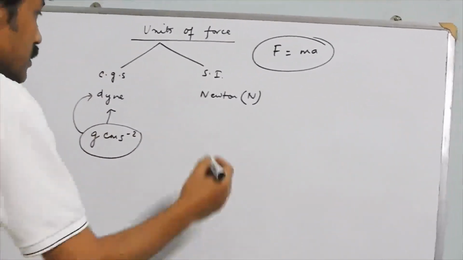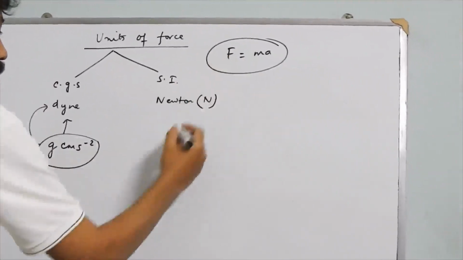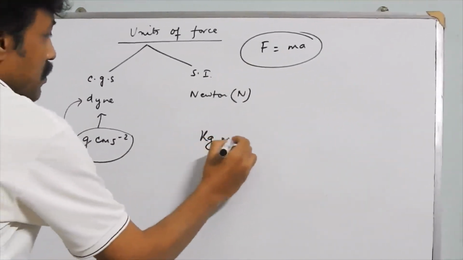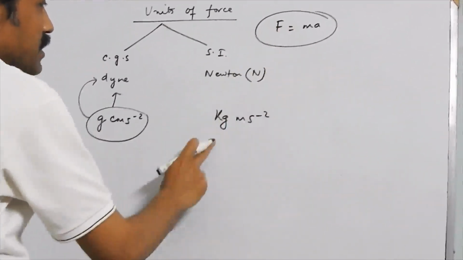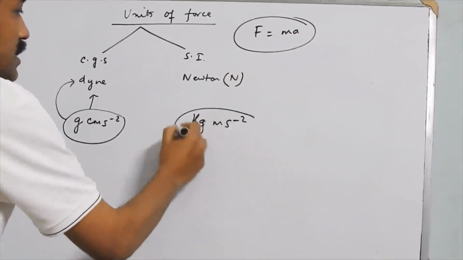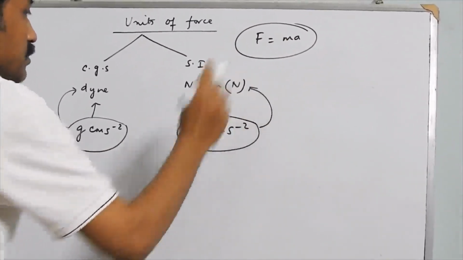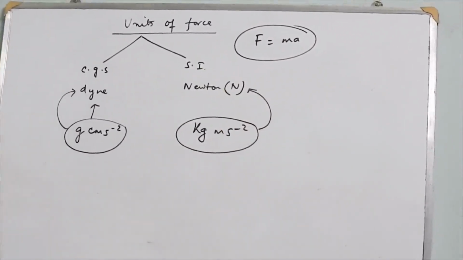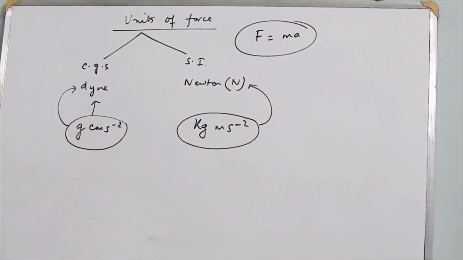And in case of Newton, the unit will be kg meter per second square, because mass is in kg and acceleration is in meter per second square. So this kg meter per second square is called a Newton. So you can definitely have a relationship between Newton and dyne.